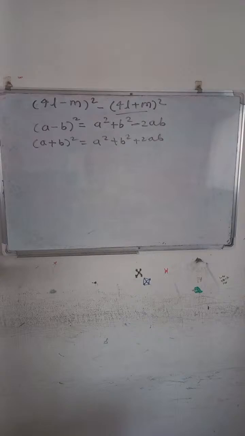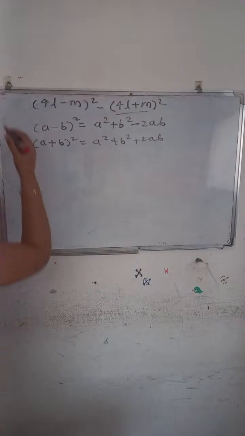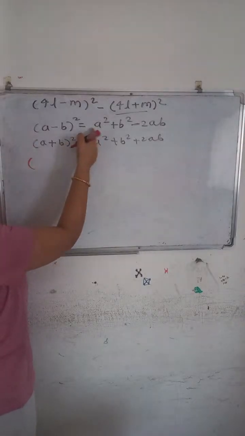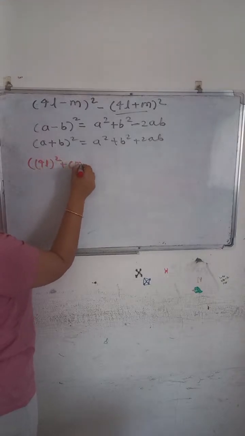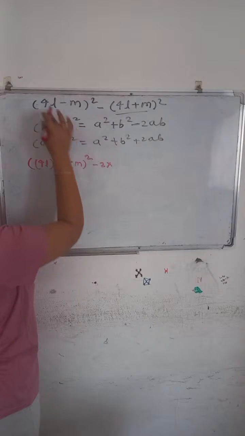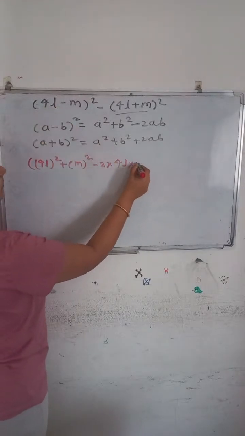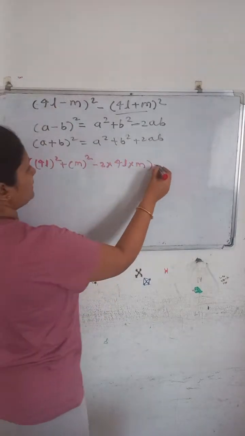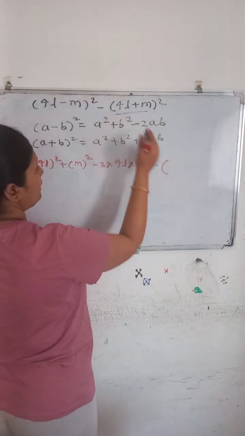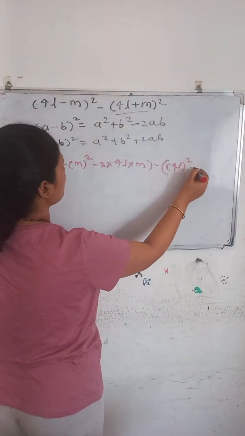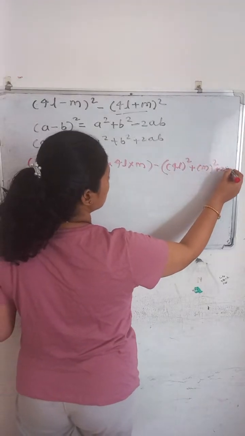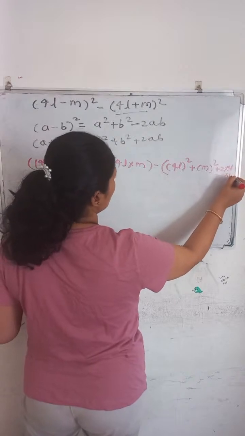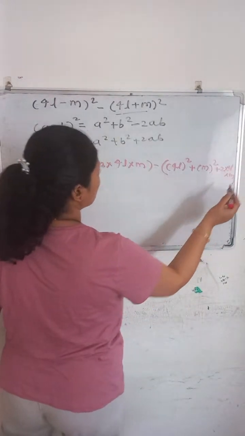Okay, so two identities we are using to simplify this. 4L is a, so a square is 4L square plus m square minus 2 into a, that is 4L, into m, minus inside this bracket again 4L square plus m square plus twice into 4L into m. Okay, bracket complete.